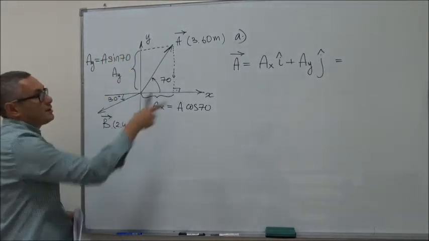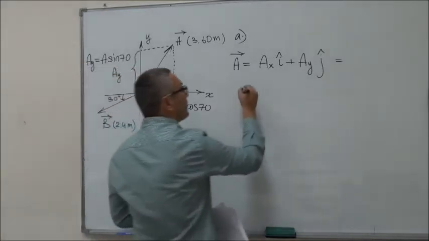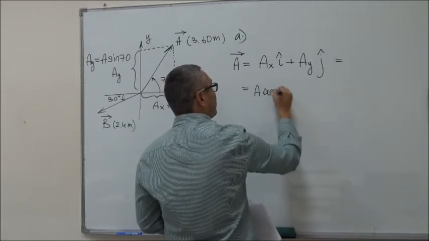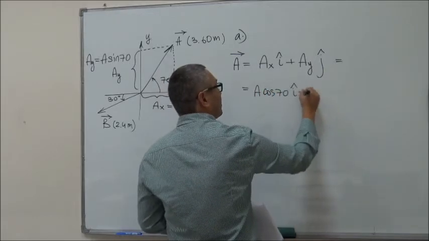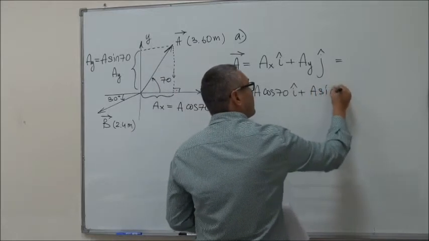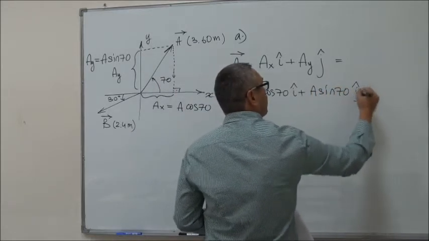So now let's plug these into the expression. So Ax is equal to A cosine of 70 I vector plus Ay, which is A sine 70 J vector.